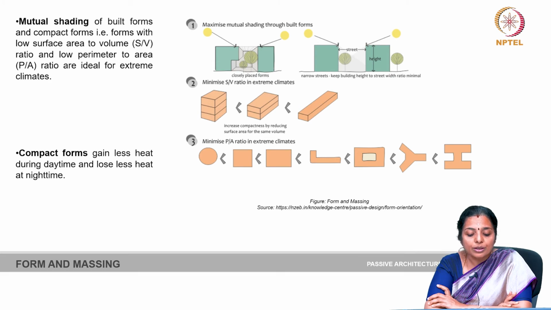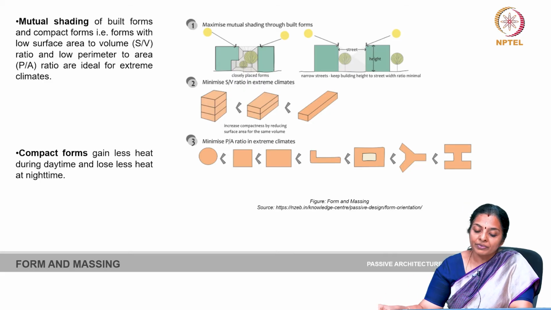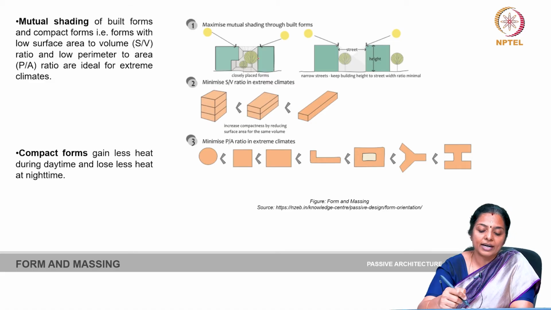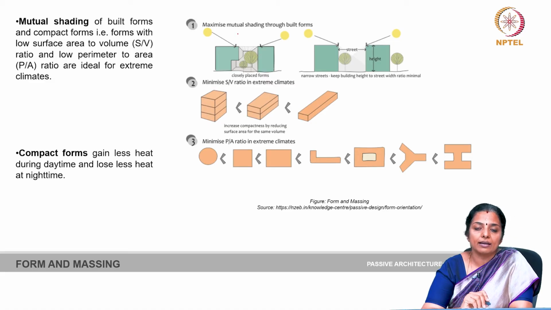Now you also need to understand that having dense forms, having compact forms can in a way help in some climate types. For example, in hot dry climates it is needed because compact forms are going to reduce the ingress of solar radiation and it will maximize mutual shading.